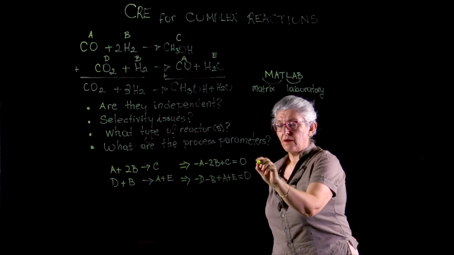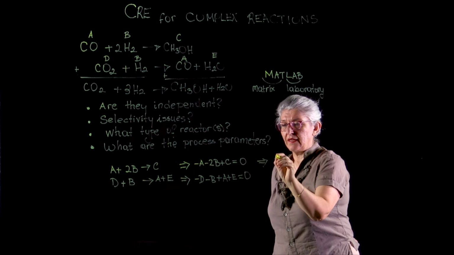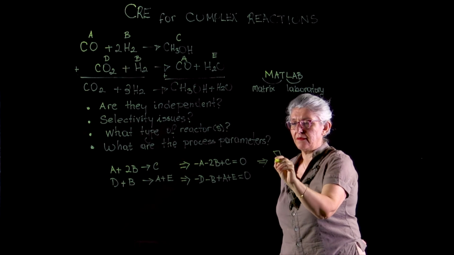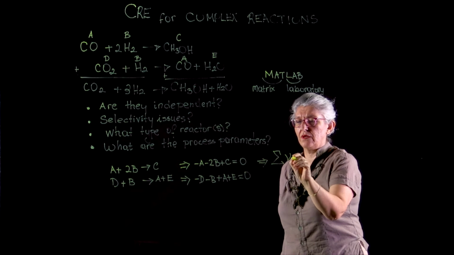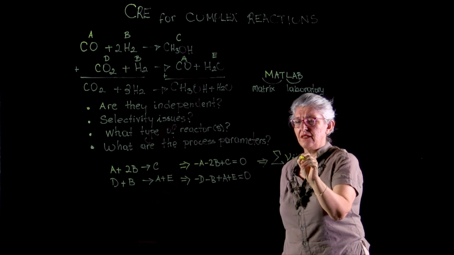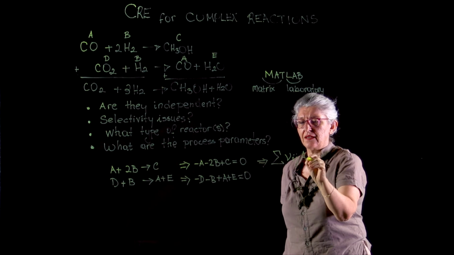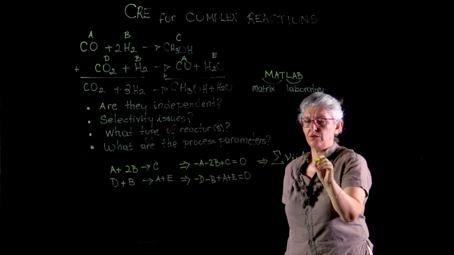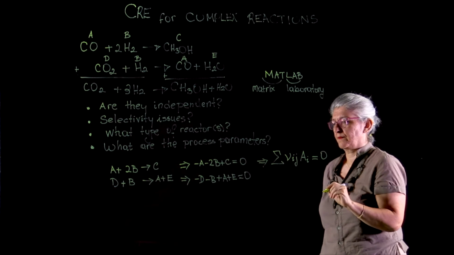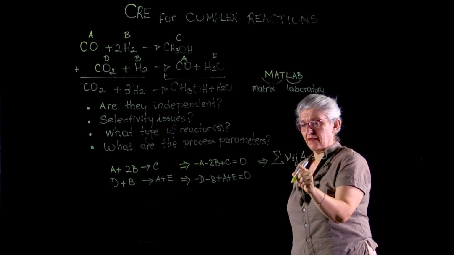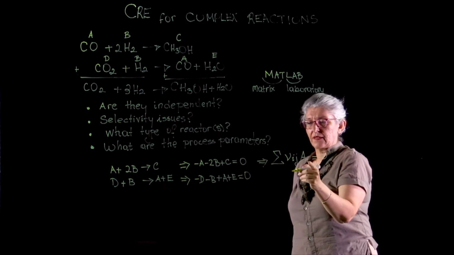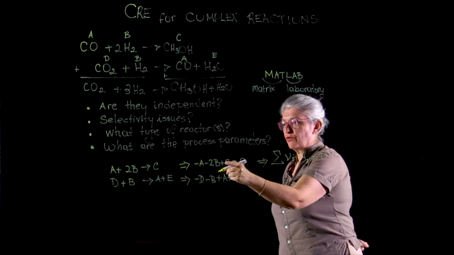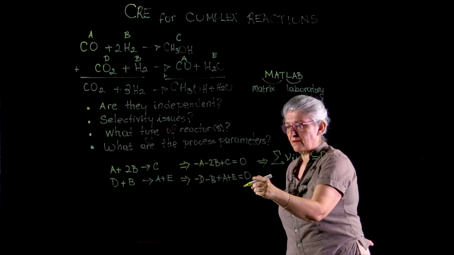We can also write this as a summation of nu ij times Ai equals 0. The first index i refers to the species. The j refers to reaction. So we have two reactions.